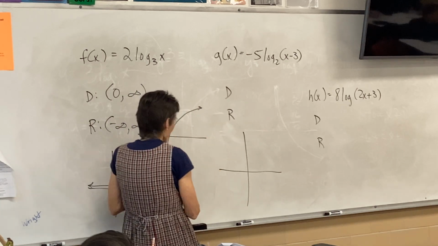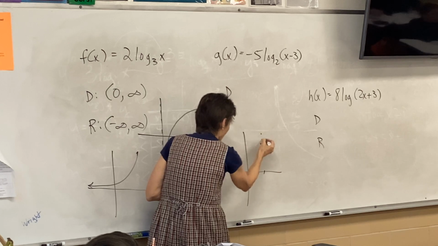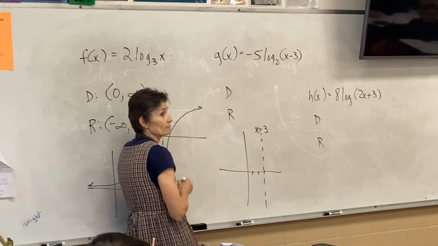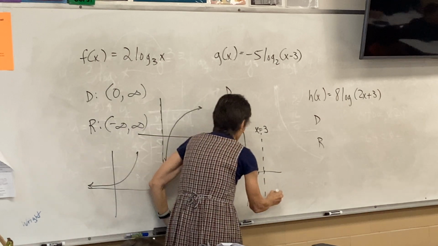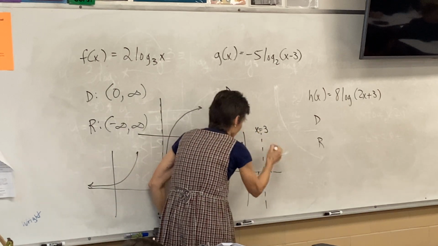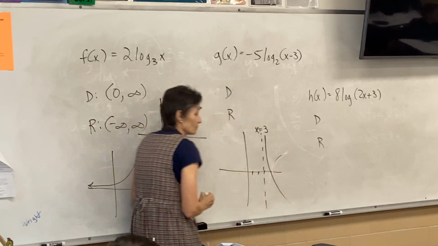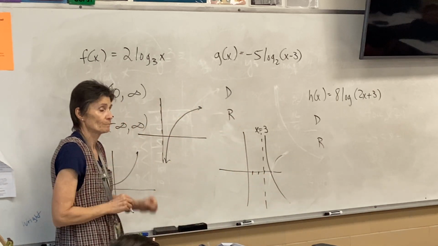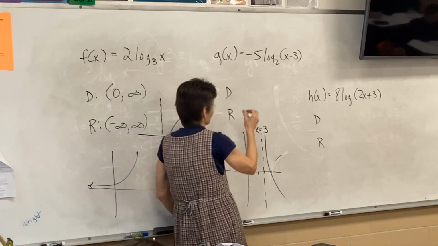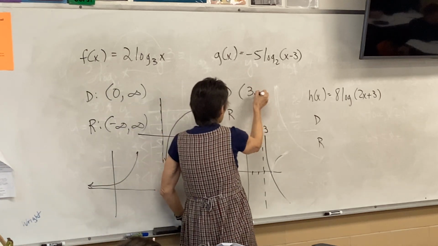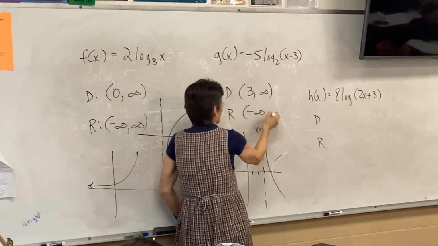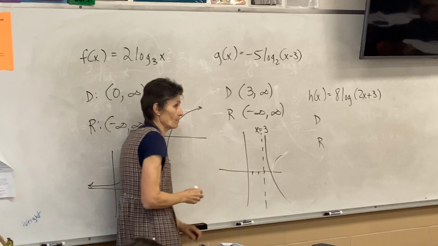So instead of the asymptote being at 0, it's now going to be at x equals 3. Going to have the same shape. Oh, actually, I'm not. I'm going to have the upside down shape. So what's my domain now? 3 to infinity. And what's my range? Still everything, right?